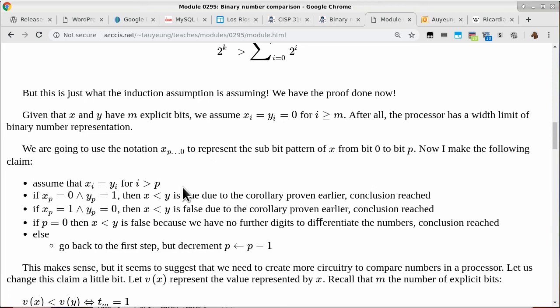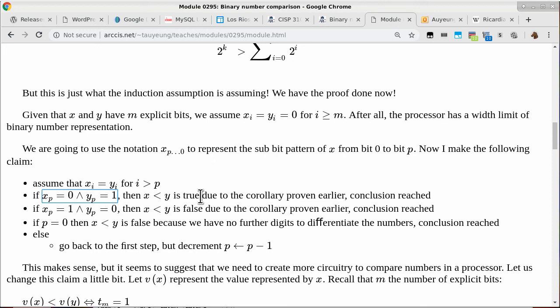So based on the assumption that every bit beyond bit p is the same, let's look at the first case here. If xp equals 0 and yp equals 1, then we know x is less than y is true. Can we claim that? Regardless of all the less significant bits. Is that okay?